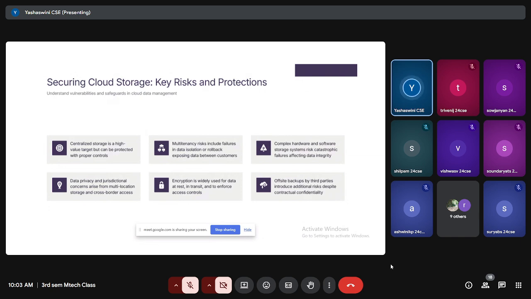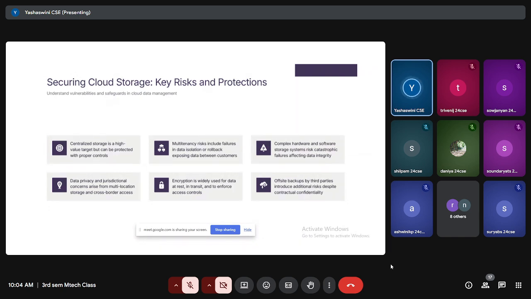Then whenever you are opting for multi-tenancy type of data access, encryption is very important. It is widely used for any data which is already stored in your storage or is in transit. We have to enforce very strict access control so that only the intended user will be able to access the data, right?